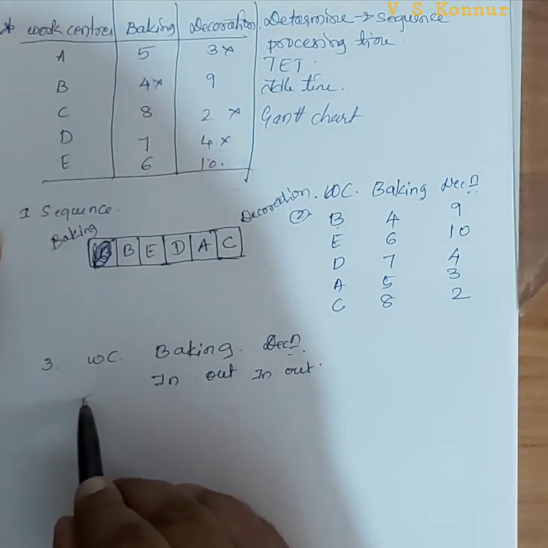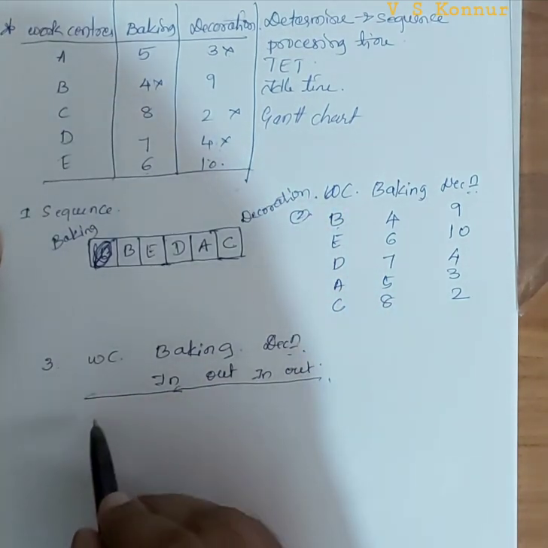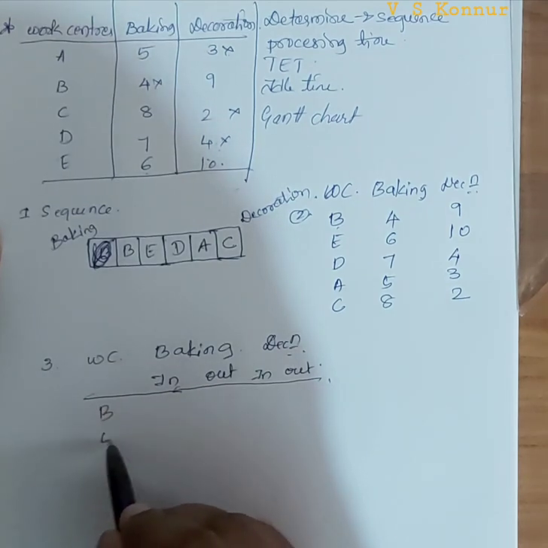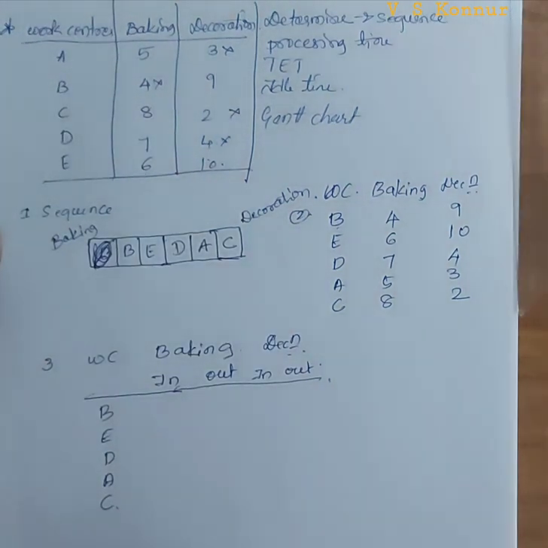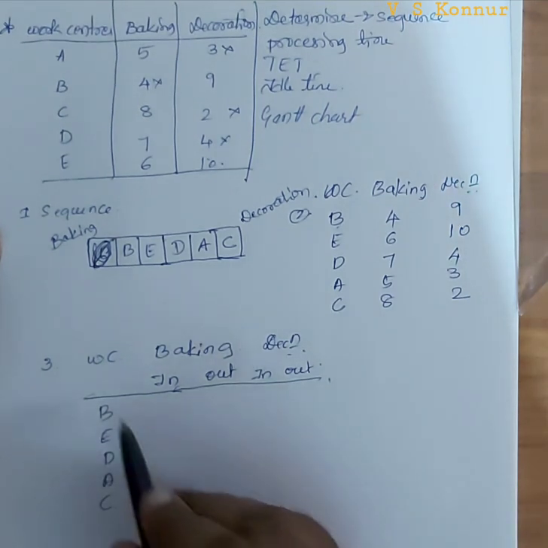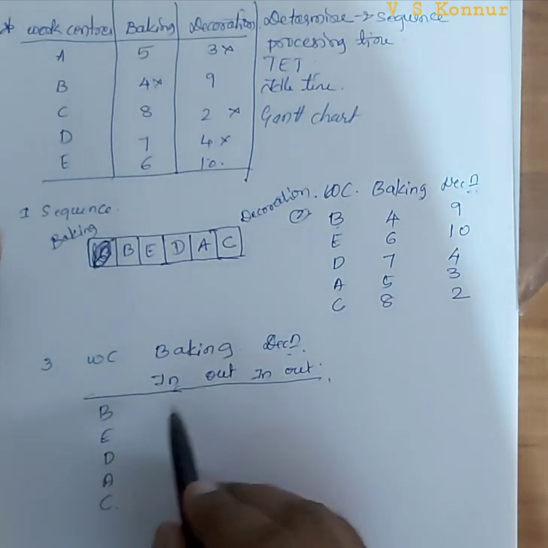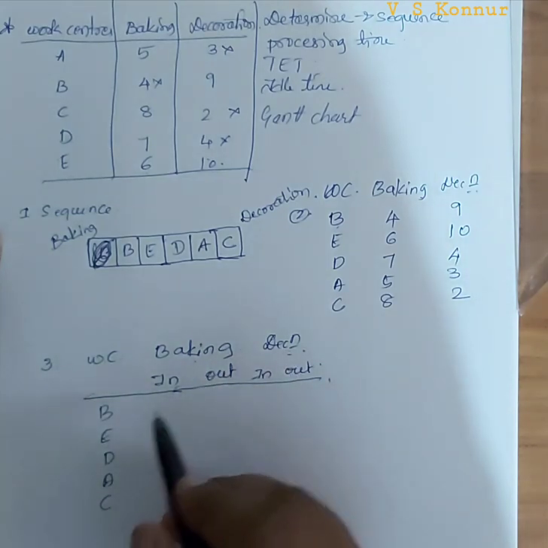Now work centers are B, E, D, A, C. For these work centers, in and out we have to write for baking and decoration.